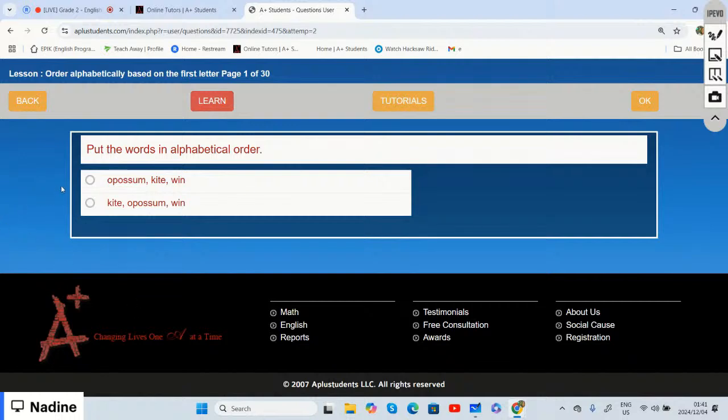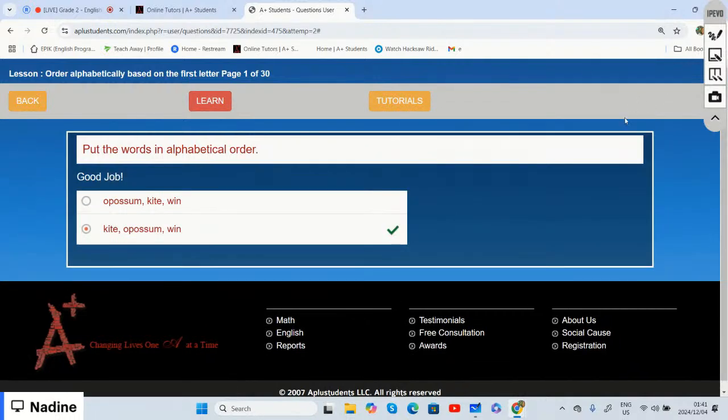All right. And if we were to choose the correct option, then yes, option two is correct because it's first K for kite, then O for opossum, and then W for win. Well done.